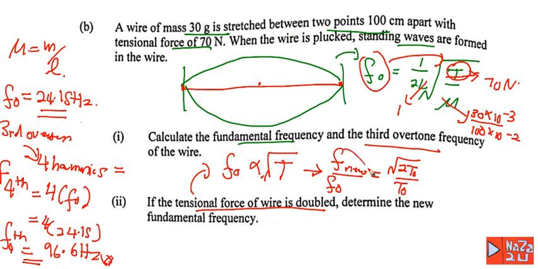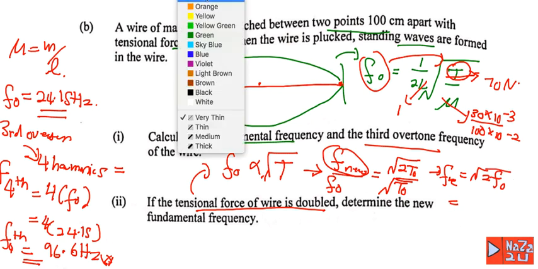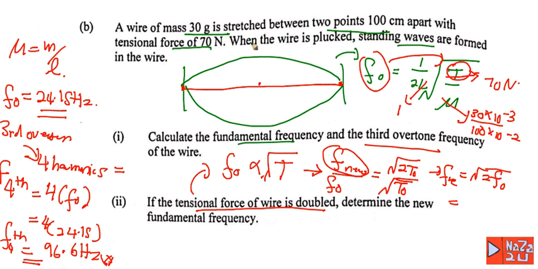So here to calculate the f new, this is also square root 2. So f new is equal to square root 2 times f naught.